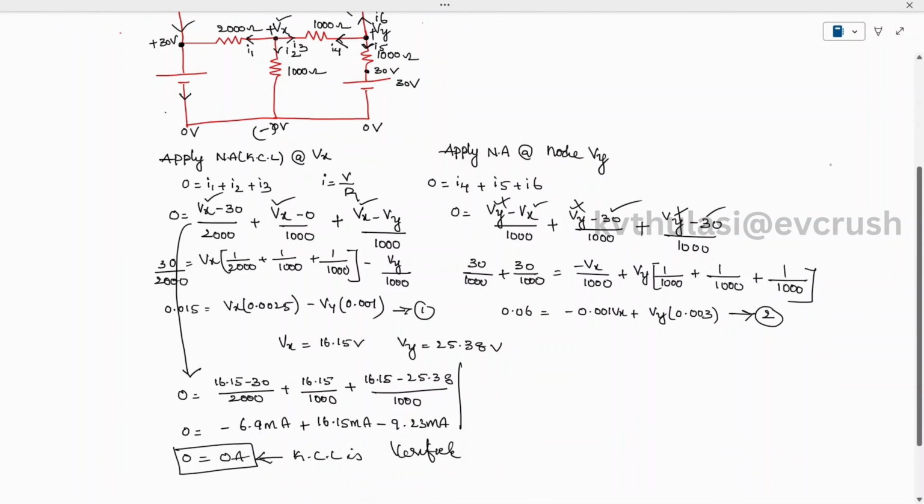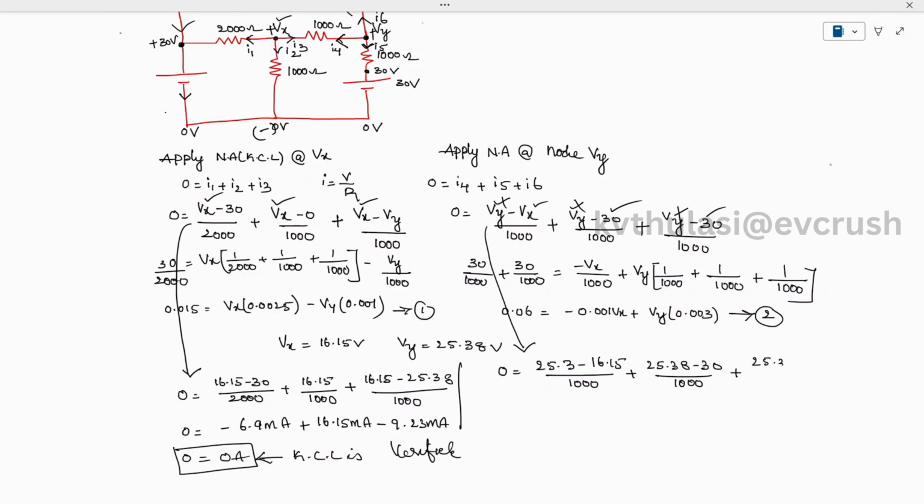And the second loop also, if we do it, substitute the values of Vx and Vy. So 0 is equal to Vy is 25.38 minus 16.15 divided by 1000 plus Vy is 25.38 minus 30 divided by 1000 plus Vy is 25.38 minus 30 divided by 1000.